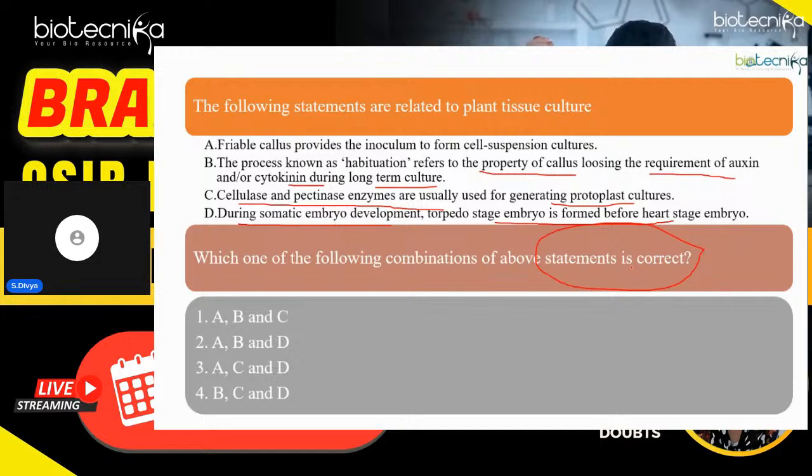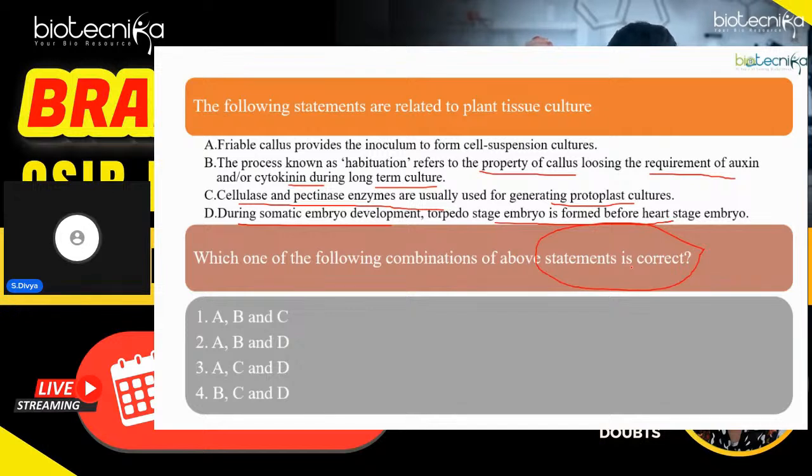So basically when it comes to plant tissue culture, it comes in the form of a combination. Like if you have some idea about Unit 6 plant physiology, that information will help you to incorporate in this question as well, like tissue culture related questions.